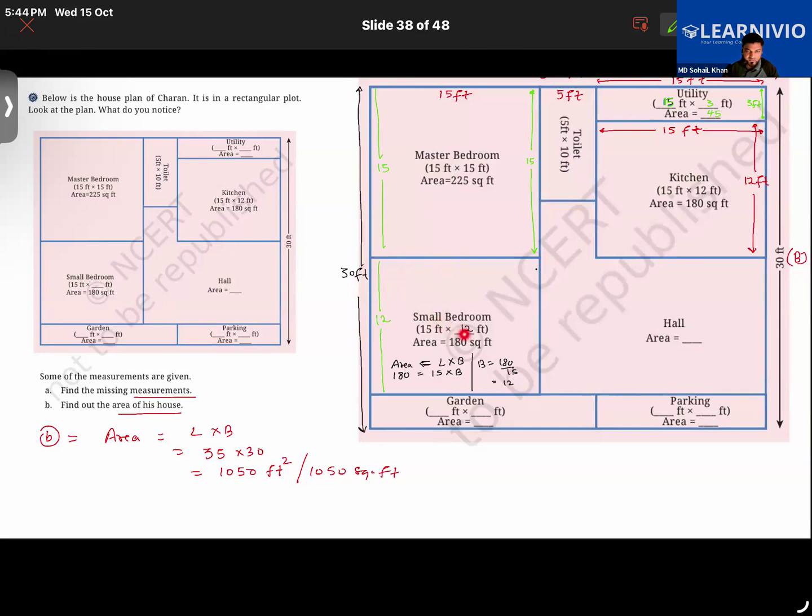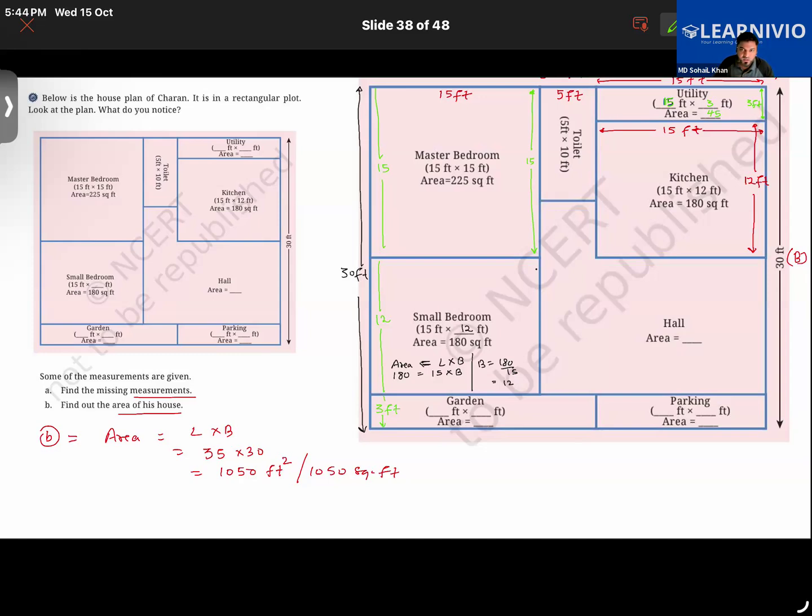So 15 plus 12 is 27. So this must be equal to 30 minus 27, that is 3 feet. You are actually getting all this now. It's directly 3, I calculated that.